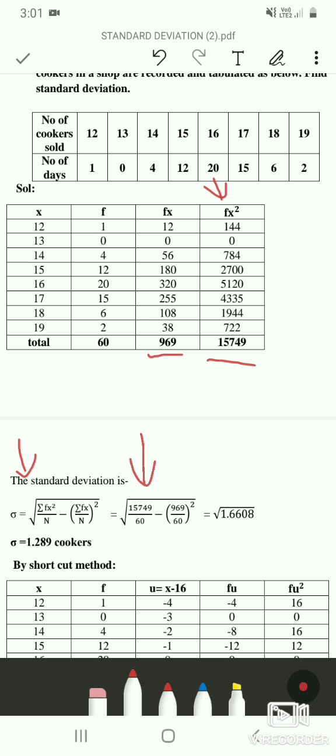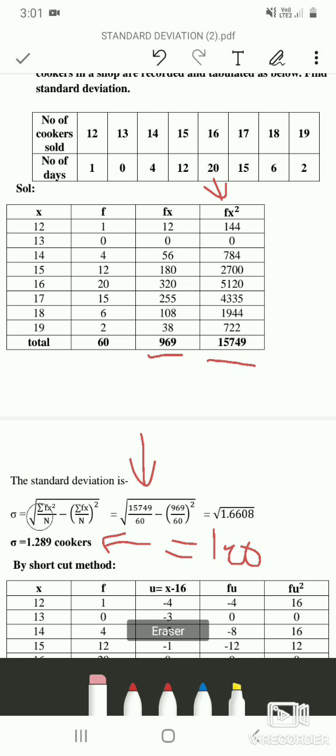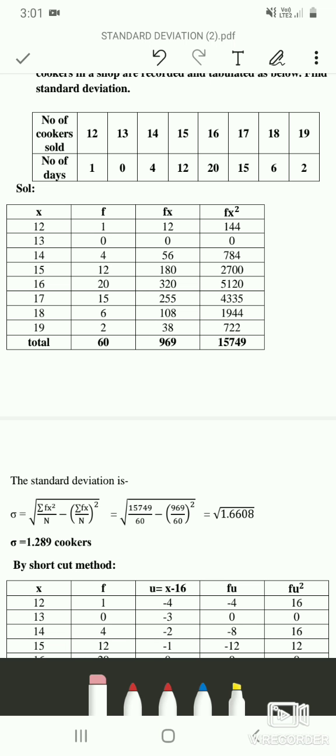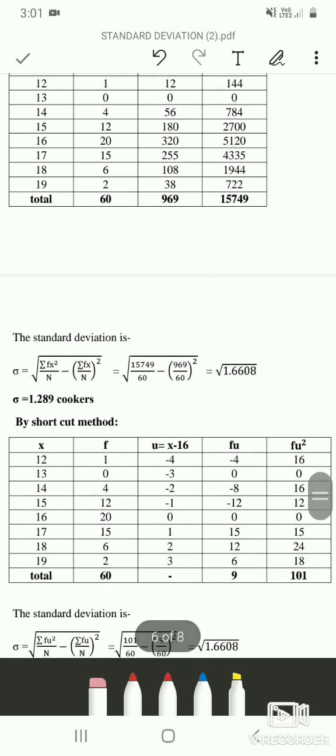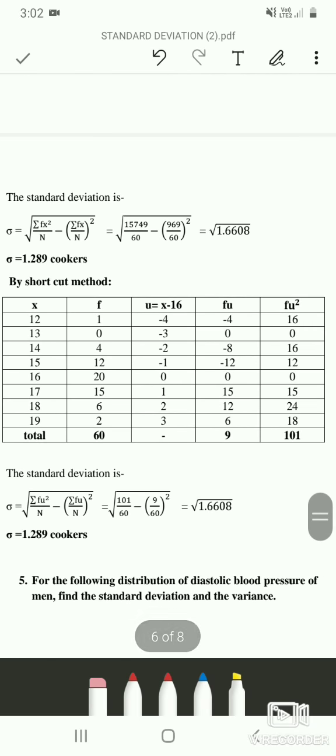Therefore the standard deviation is the square root of 15749 divided by 60, minus 969 divided by 60, whole square, which is 1.289 cookers. There won't be 1.289 cookers, so it is approximately equal to 1 cooker. Now let us see for the same problem how we can calculate using the shortcut method.